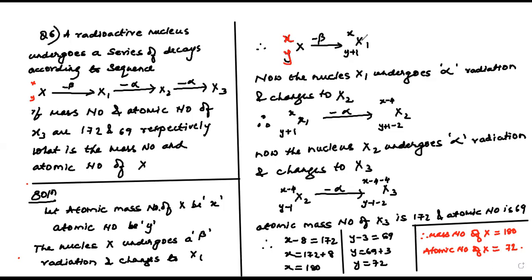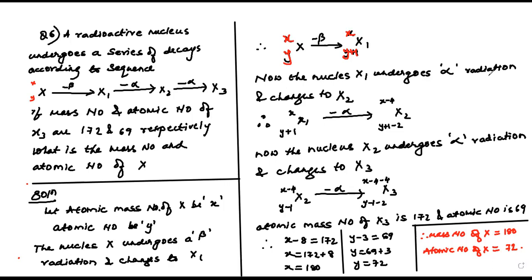So whenever beta radiation is given out, ऊपर का atomic mass number remains the same, x ही रहेगा, लेकिन atomic number जो नीचे है वो increases by 1. तो वो बन जाएगा Y plus 1. I hope everybody can see it. Now, this nucleus X1 undergoes an alpha radiation. जब भी alpha radiation आता है, what is the law of alpha radiation?